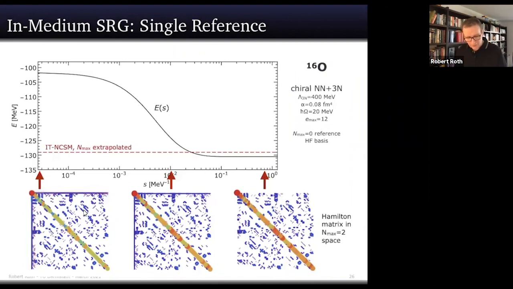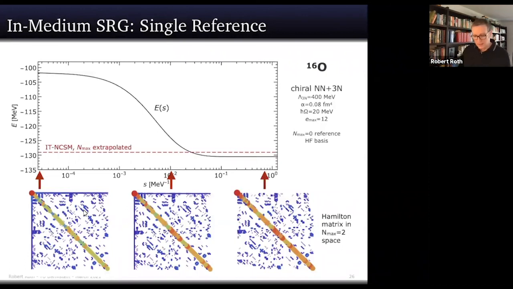These are the couplings of this reference state with all of the excited states in my system. And you see this is my initial Hamiltonian. If I go through the flow, in the end, in this decoupled regime, you see that these blue lines are missing. That's just the first row and first column of matrix elements that have been suppressed to 0. That's decoupling. And therefore, this is my result for the ground state energy. I'm done.